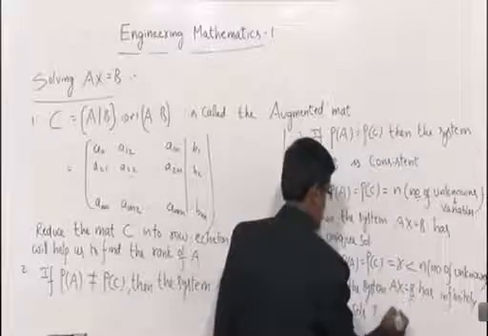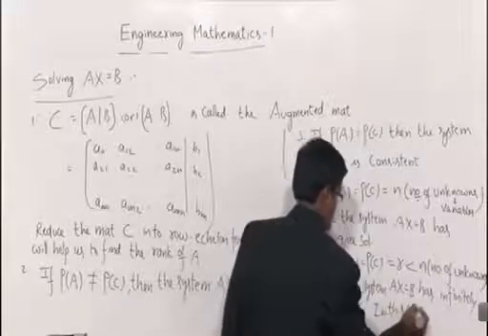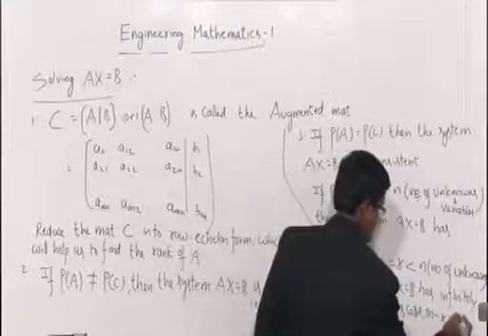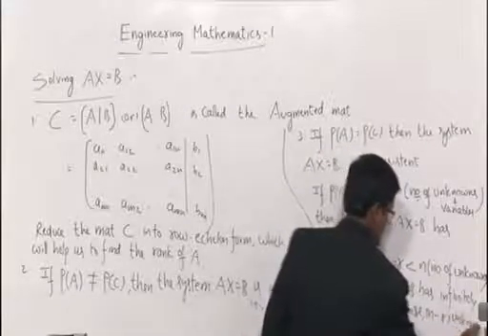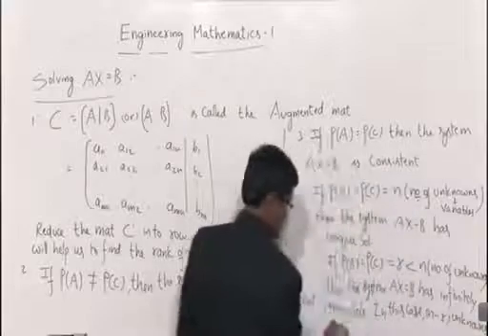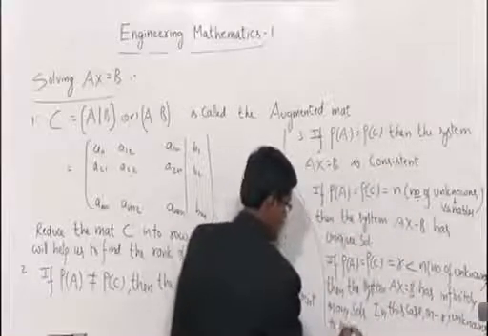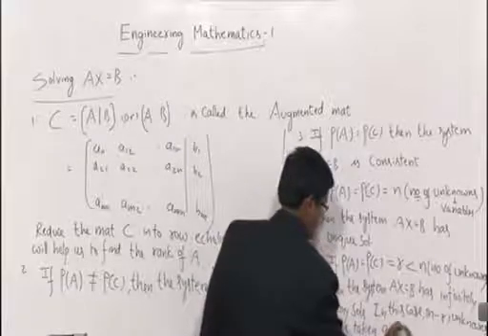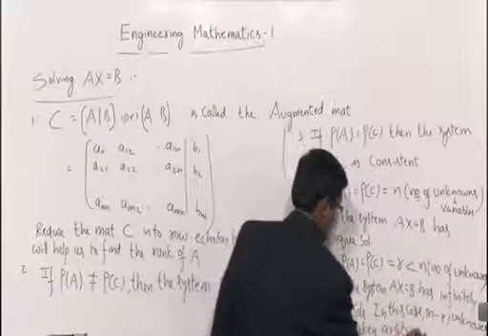In this case, n minus r unknowns are to be taken arbitrarily.